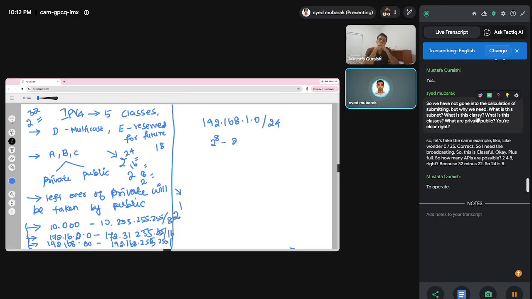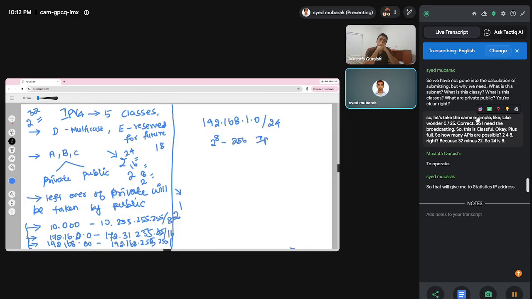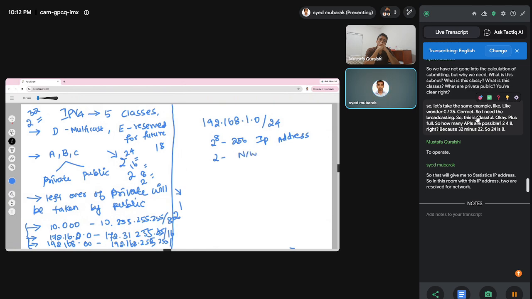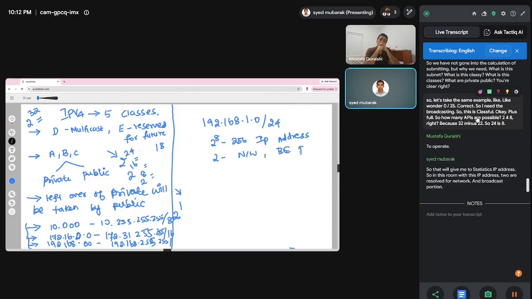So that will give me 256 IP addresses. In these 256 IP addresses, two are reserved for the network and broadcast portion. Remaining, you are left with 254 IP addresses.